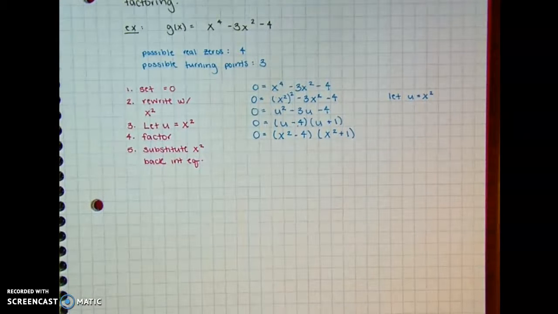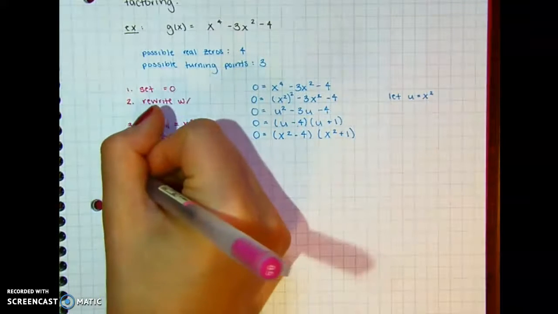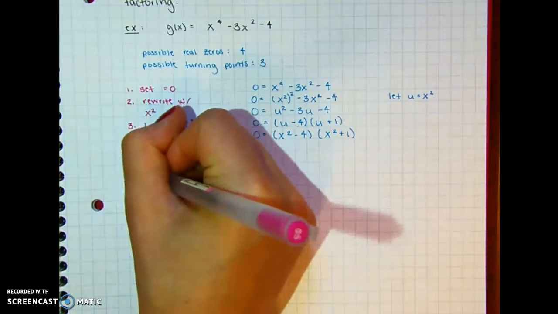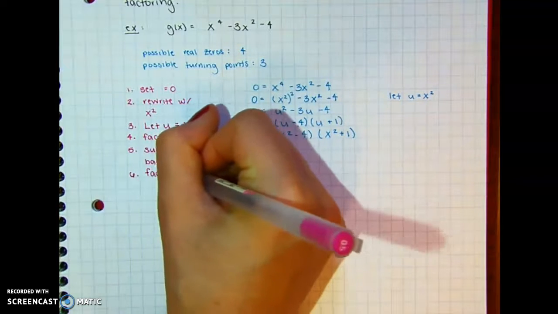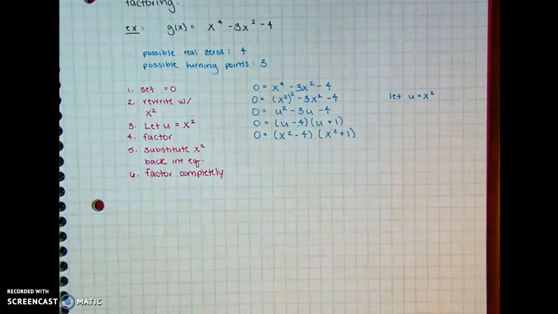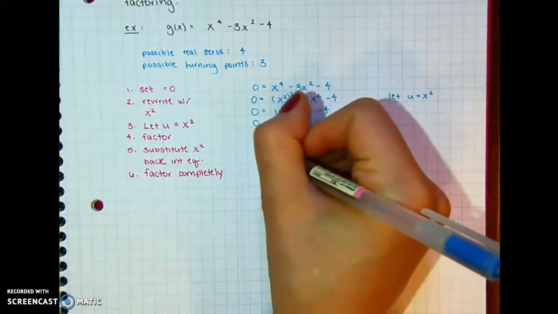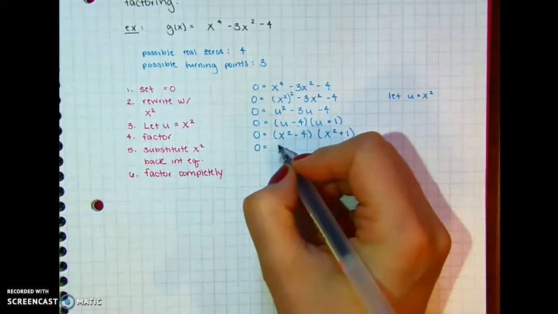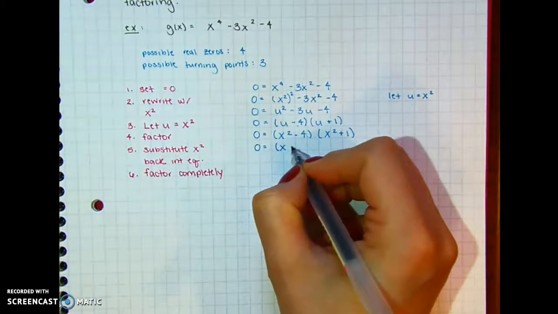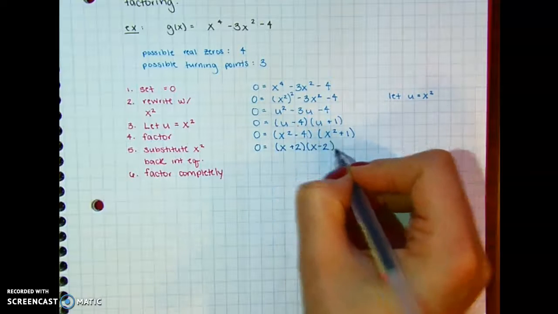Okay, and we're almost done, so now we need to continue factoring, because we can factor this more. So step 6 is factor completely. This can be factored because it's a difference of squares. You learned that in Algebra 2 and I believe Algebra 1. So this is x plus 2 times x minus 2.